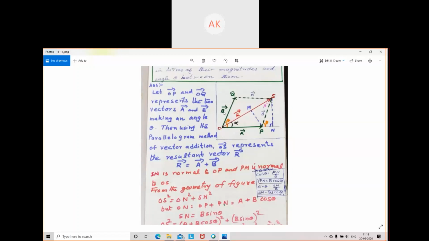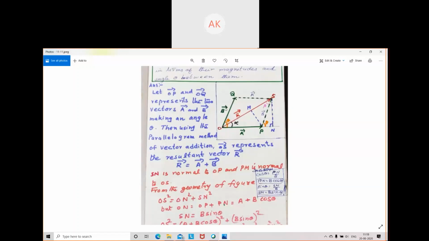The given two vectors are A and B, and their joining point is O. From there, you have to draw the diagonal. That diagonal will represent the magnitude and direction of the resultant vector. What is the resultant vector? The sum of these two vectors.